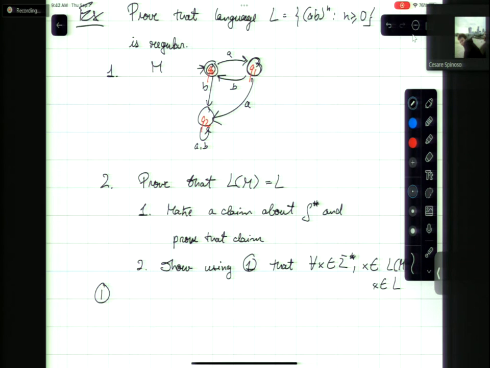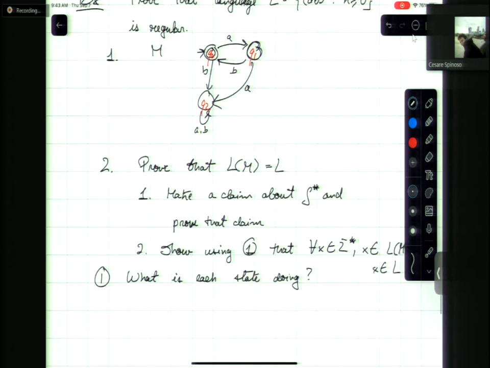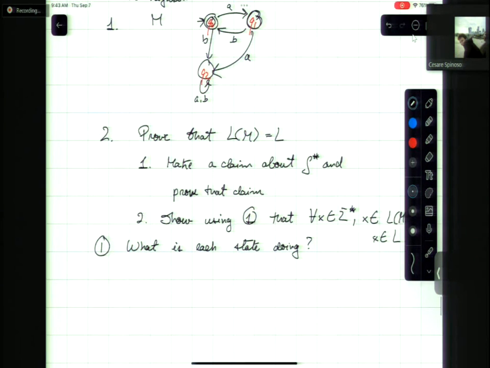To do that, you need to say what each of your states are doing. So it has to be a claim about what each state is responsible for. Well, in this case, hopefully it's relatively easy because we've already talked about it.